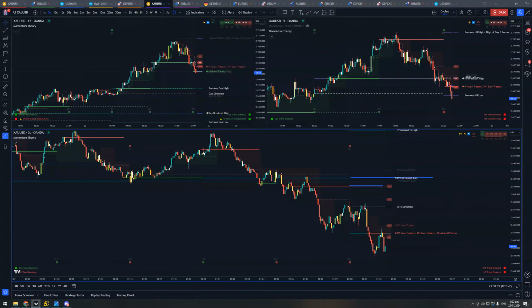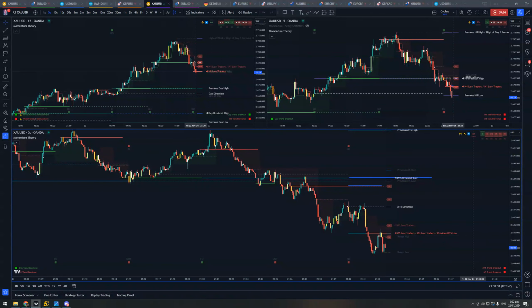I'm just setting up my other monitor so I can see all the scalping time frames.